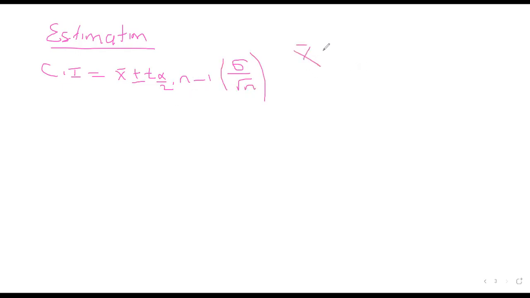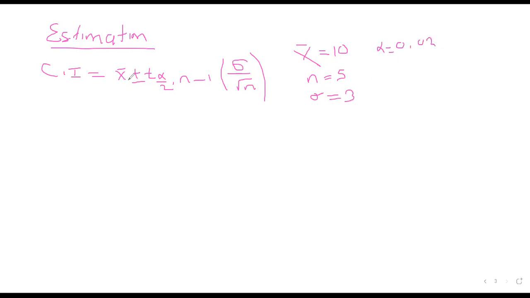So suppose we have our mean as 10 and our sample as 5 and our standard deviation as 3. And we have our alpha level at 0.02.